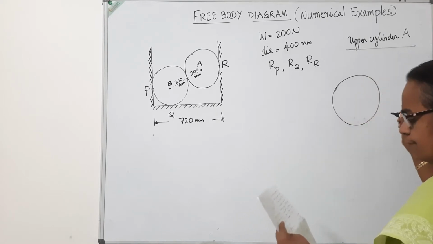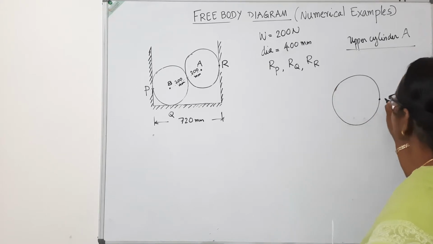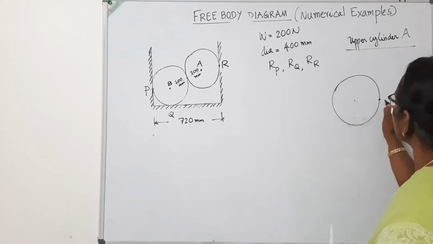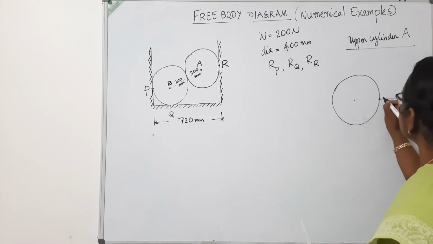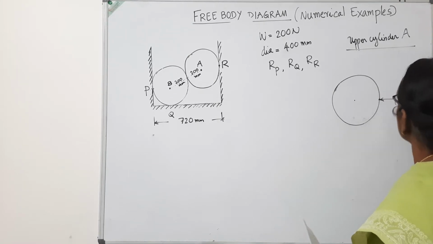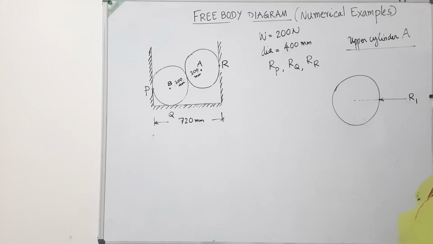So at this contact surface, at that point R, there will be a reaction towards the center. At this contact point, there will be R1 acting towards the center, perpendicular to the surface, normal to this vertical surface.